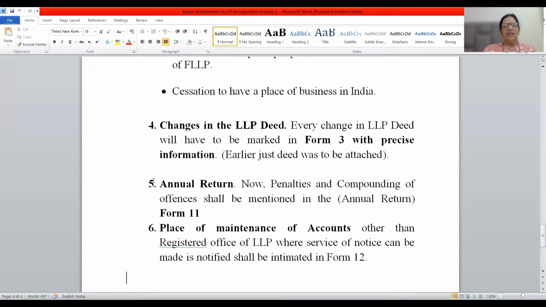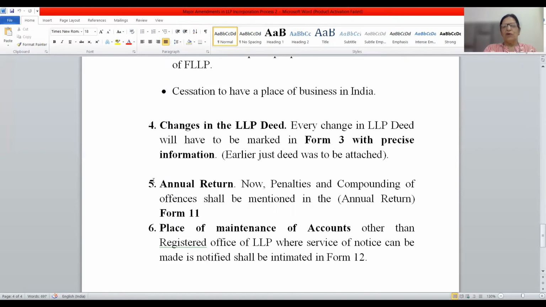The next one is changes in the LLP deed, or we may call it agreement. Any change in the LLP deed will have to be marked in form number 3 with precise information. In earlier timings, just the deed was to be attached.